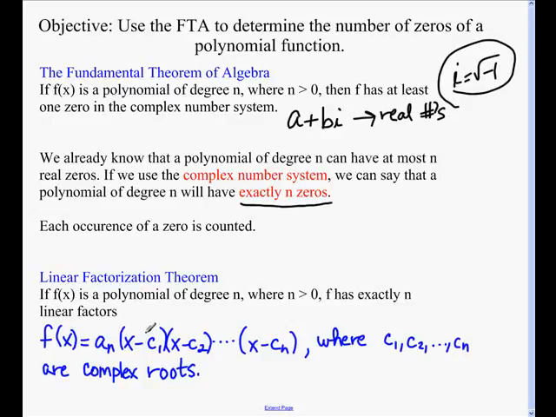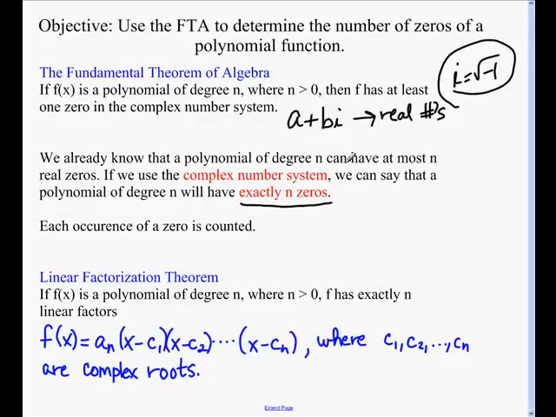So if we have exactly n zeros, then we can factor the polynomial as x minus each of those zeros. So that gives us a total of n linear factors. This a sub n is just a coefficient that we may need in the polynomial. So those values of c sub 1, c sub 2, c sub n, those are just complex roots. And again, remember, complex can include real roots.